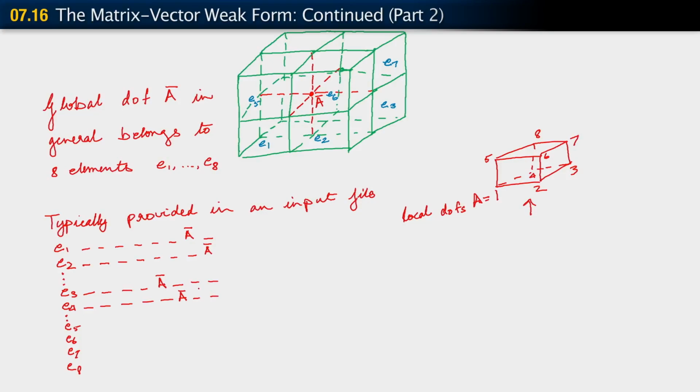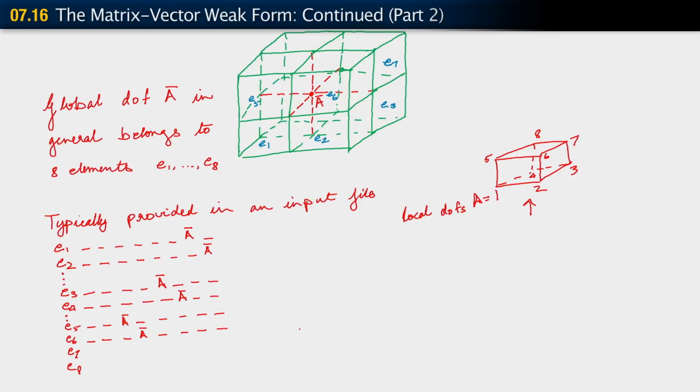Carrying on now, for E5, it is degree of freedom 3. So 1, 2, A bar, 4, 5, 6, 7, 8. For element E6, it is number 4. So it's 1, 2, 3, A bar, 5, 6, 7, 8.